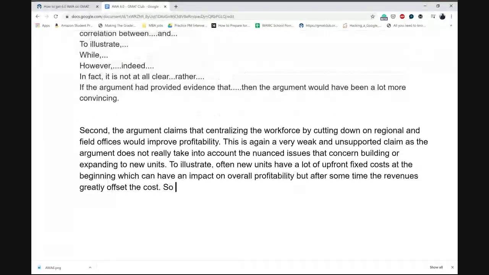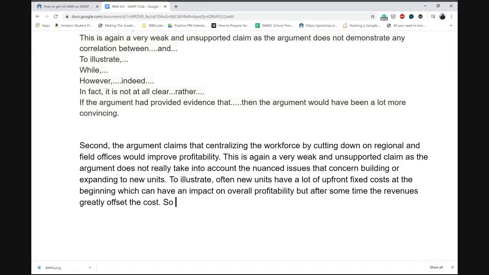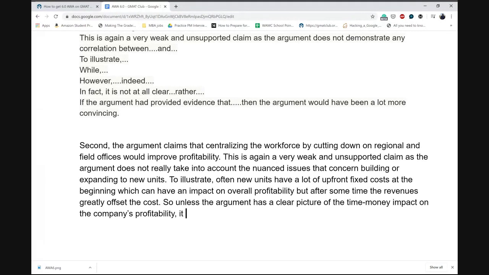So unless the argument has a clear picture of the time frame, of the time money impact on the company's profitability, it is unwise to deem the new offices unprofitable.